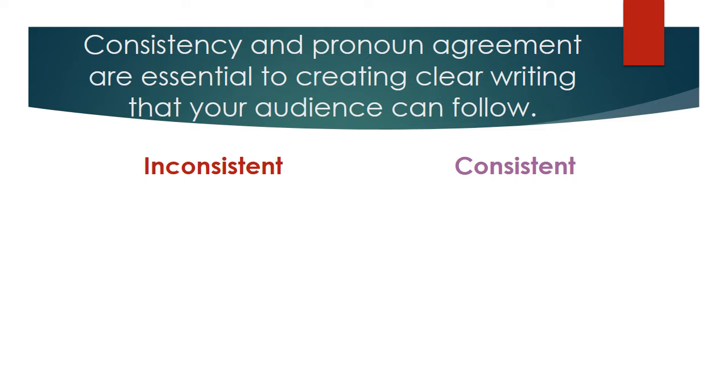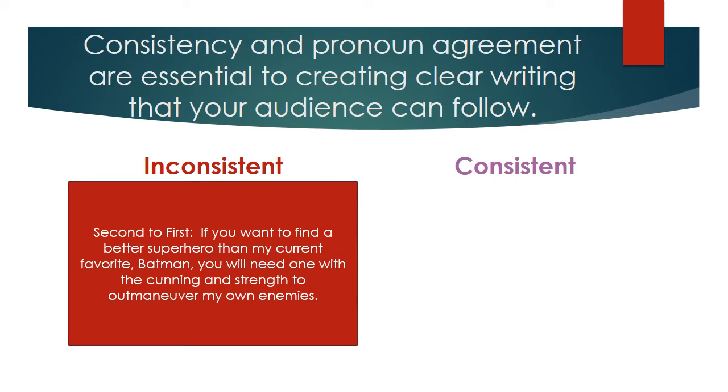The first example of inconsistency in pronoun agreement goes from second to first person. If we look at this sentence, it says, if you want to find a better superhero than my current favorite, Batman, you will need one with the cunning and strength to outmaneuver my own enemies. Now, if I were to say this to you, you probably wouldn't think twice about it.